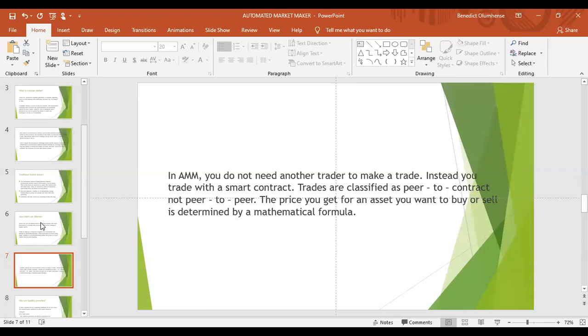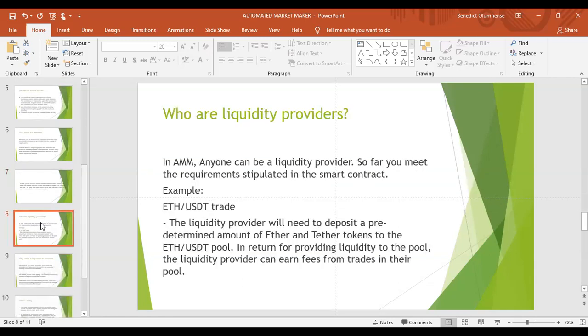So the interaction is classified as peer to contract and not peer to peer, like in the old system. The price you get for digital assets in our case is determined by a mathematical formula. And we'll get back into the mathematical formula later on in our sessions.